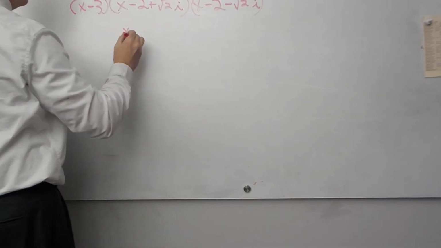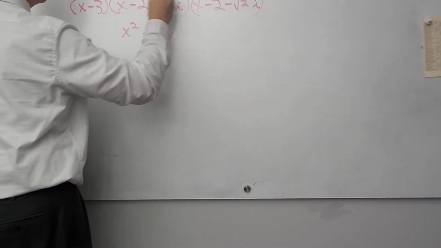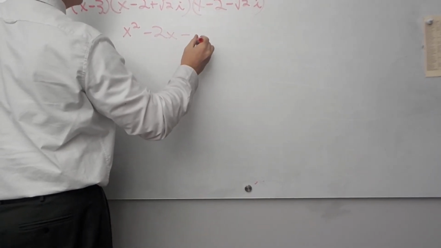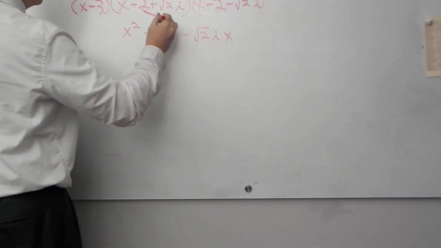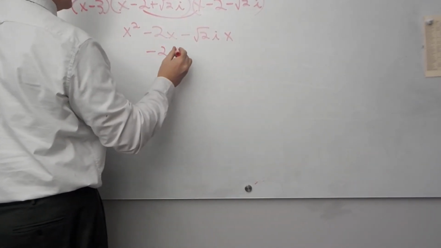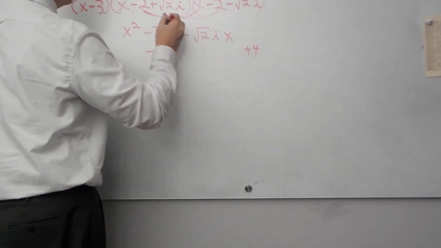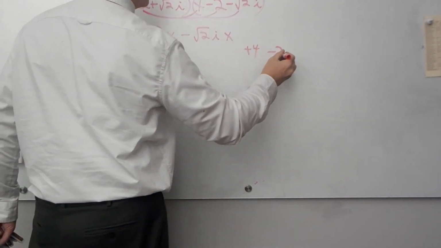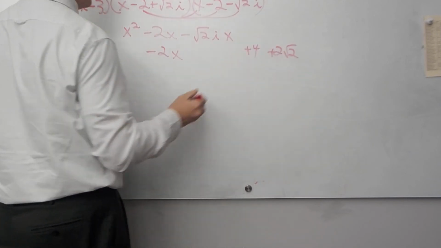That's x squared minus 2x minus radical 2i times x minus 2x again. Negative 2 times negative 2 is positive 4. Negative 2 radical 2, oh, that's a negative times negative, which is positive.